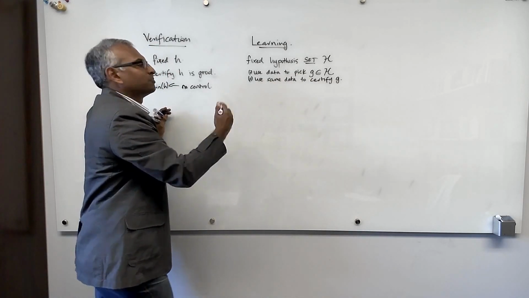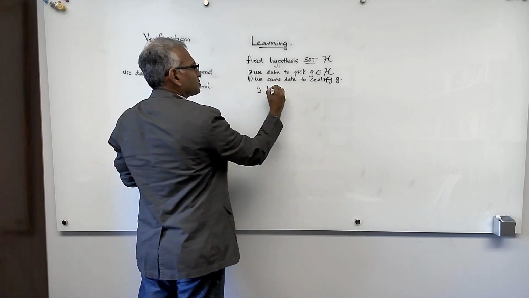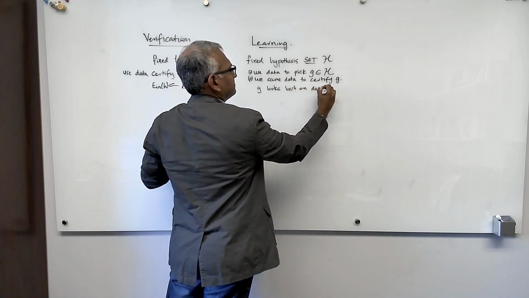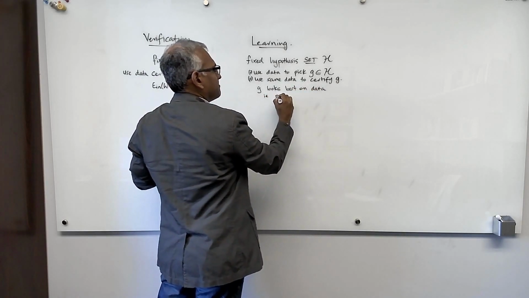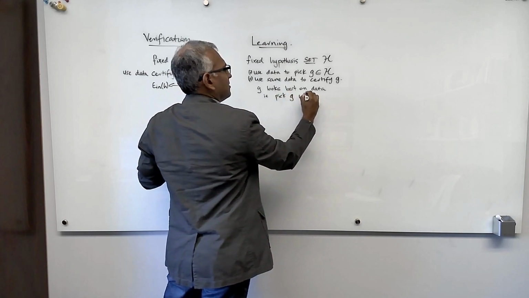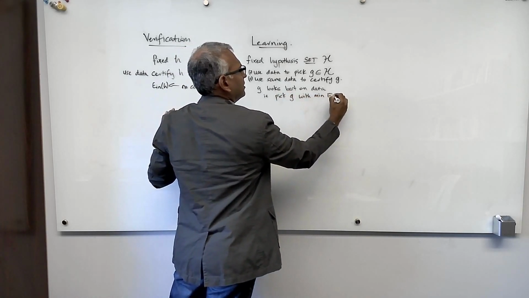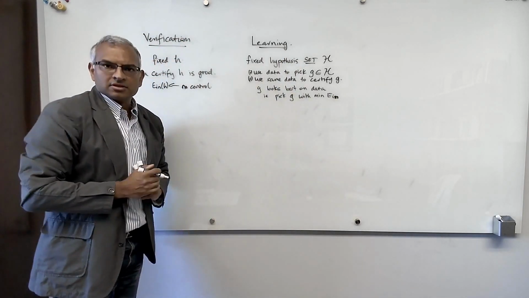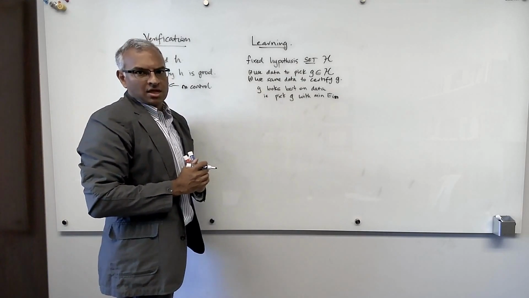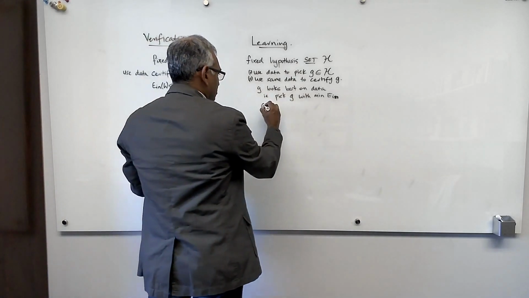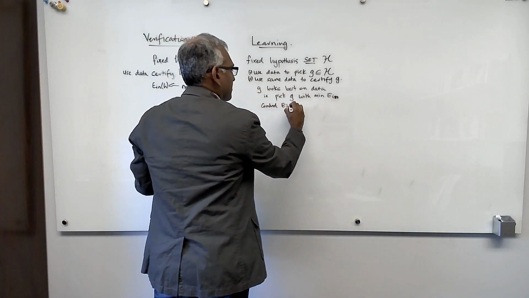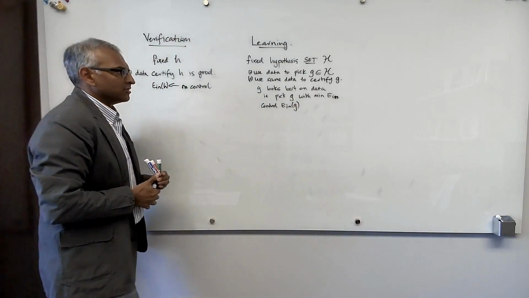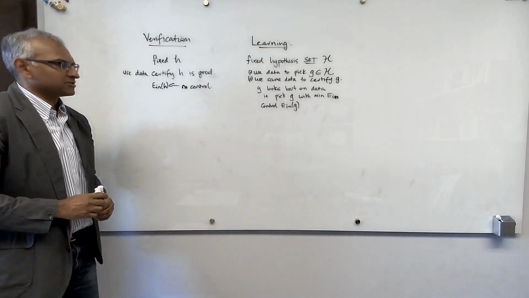It will be the G that looks best on data, i.e., you pick G with minimum E in. That means that you control the in-sample error of the final hypothesis G that you wish to certify. You control E in of G. In fact, you're getting it as low as possible, typically, by choosing the best looking hypothesis from your hypothesis set.